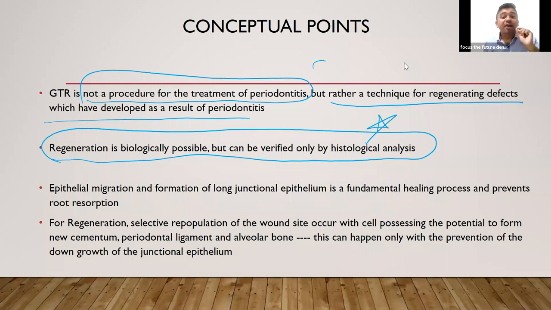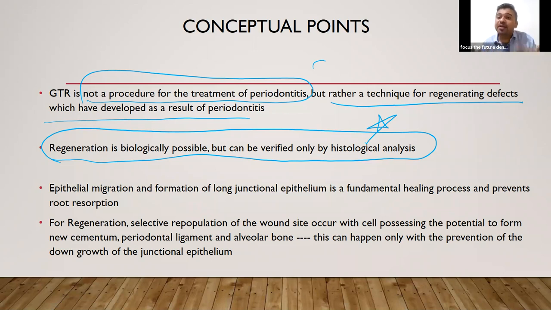Moving on. Epithelial migration and formation of long junctional epithelium is the fundamental healing process and prevents root resorption. I said long junctional epithelium formation is actually good for us, but it is not good for regeneration. It is not good for the long-term prognosis of the patient. It is not ideal, because at some point, even a little bit of inflammation will open it up, leading to new pocket formation.